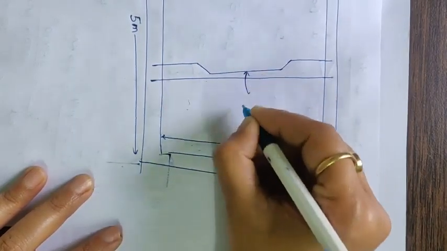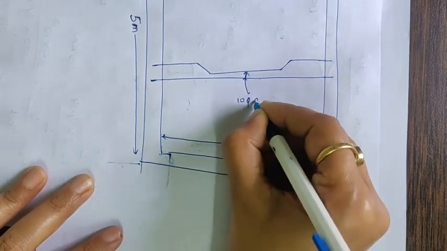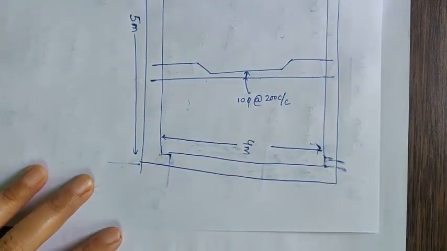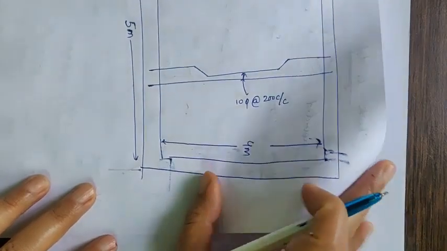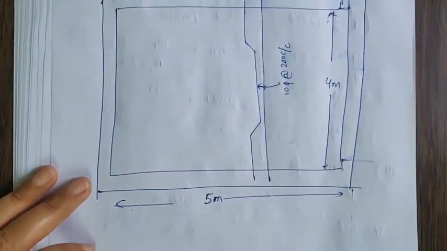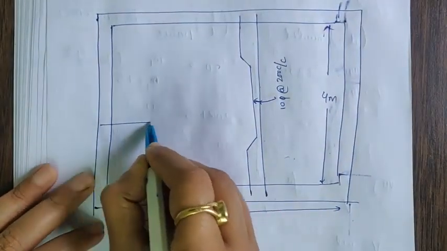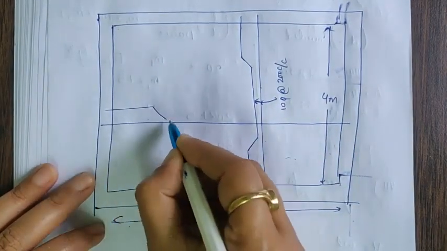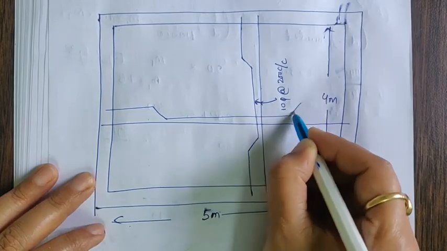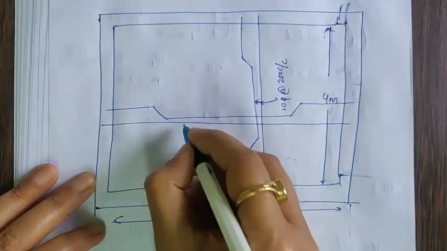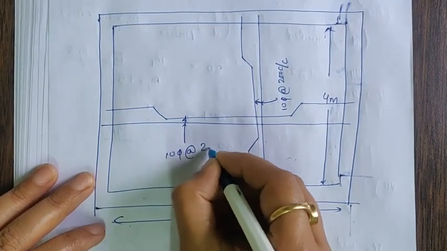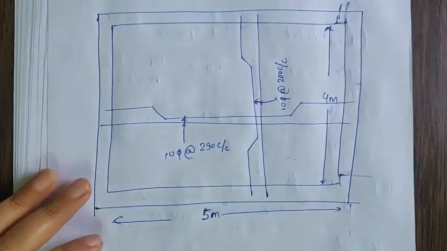So it is 10 dia at the rate of 200 center to center. Is it okay? Then the reinforcement along the Y direction, it is main steel. Half of the bars are bent up. So it is 10 dia at the rate of 290 center to center.